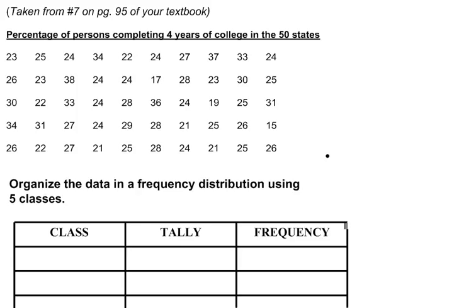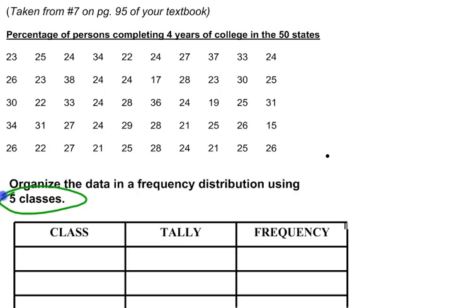So we'll start off by first identifying the classes that we have. The first thing that we need to understand is that we're going to use 5 classes in this study. When we identify our 5 classes, the first thing we're going to have to do is find the class width.